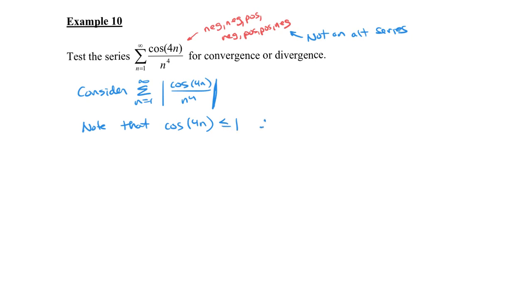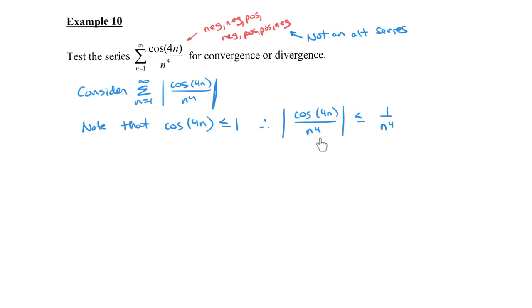So therefore, we could say cosine of 4n over n to the 4th wrapped up in absolute value is less than or equal to 1 over n to the 4th, because the numerator is less than or equal to 1.